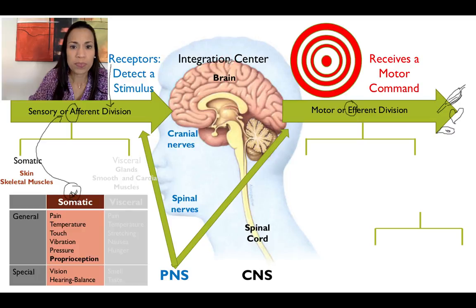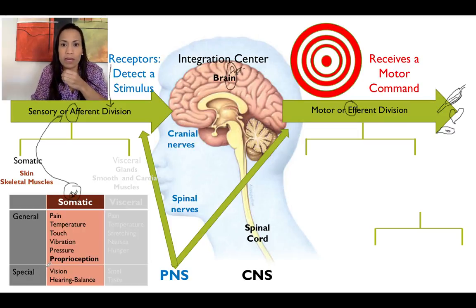Remember, this somatic information reaches the postcentral gyrus on the parietal lobe, which is the somatosensory cortex. These receptors can be general, meaning they are widespread throughout your entire body, or special, meaning they are clustered forming an organ.